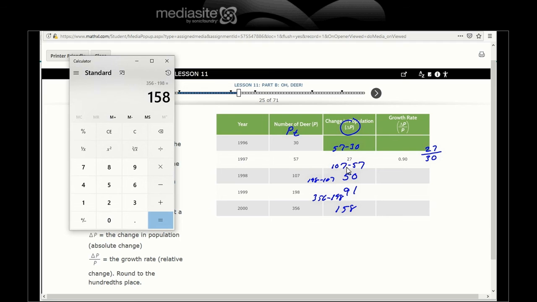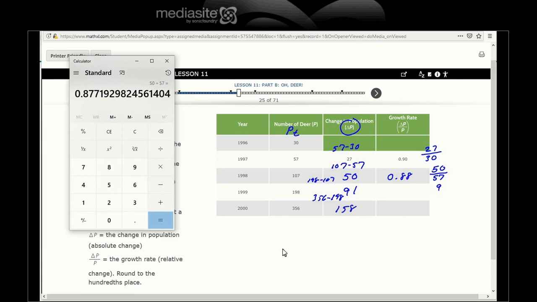So 27 over 30 is 0.9. Then my delta P is 50, and that 50 comes from 57. So 50 divided by 57, so growth of 0.88.